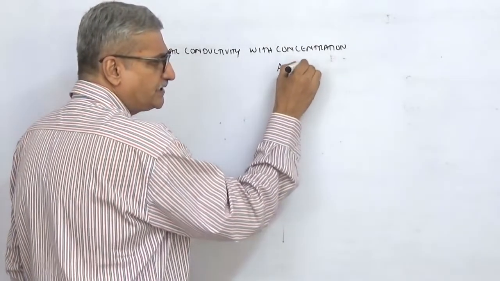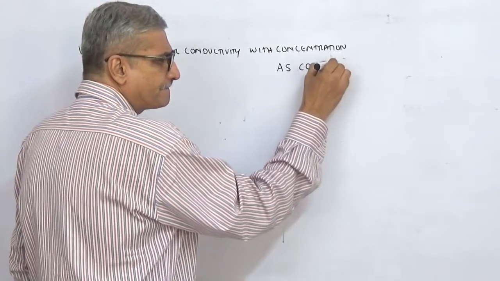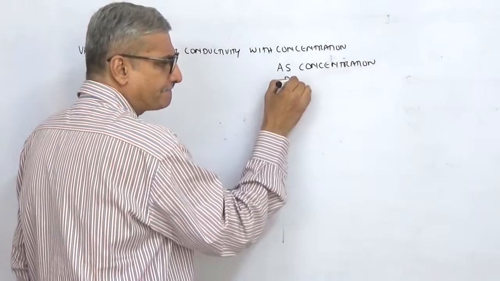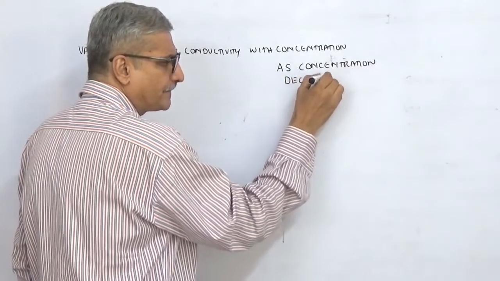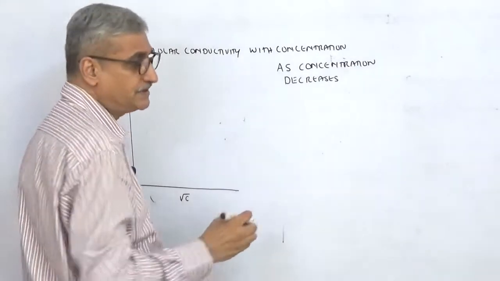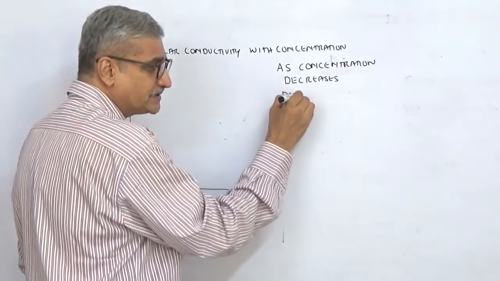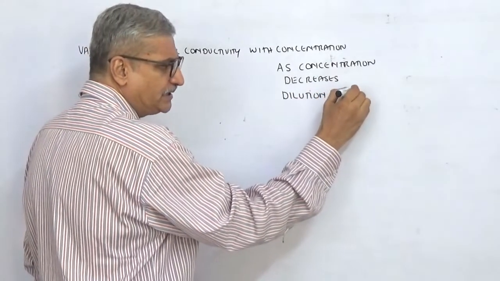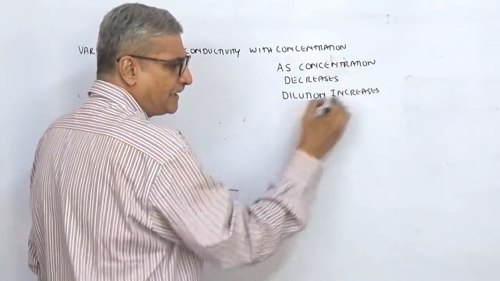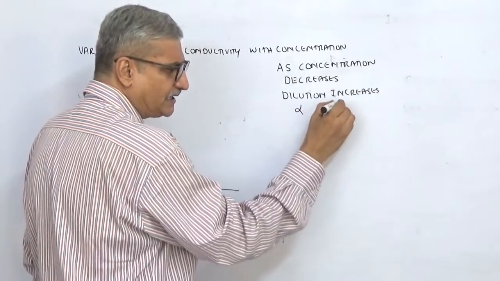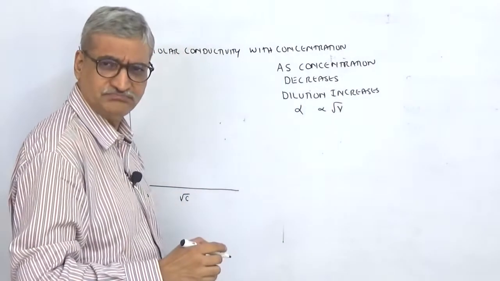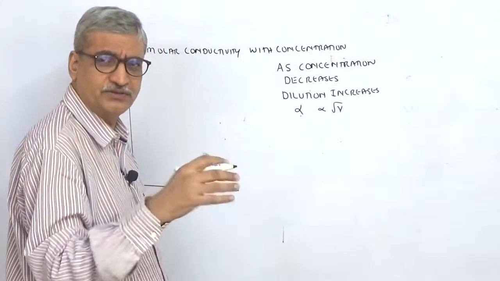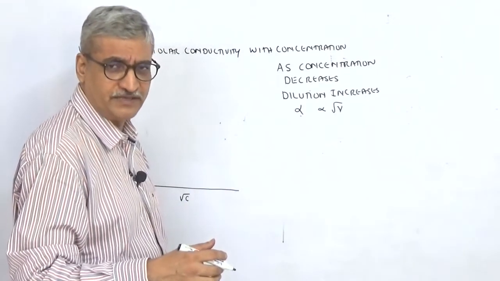As concentration decreases, what happens? Dilution increases, correct? Concentration and dilution are inversely related. Dilution increases. And haven't we said alpha is directly proportional to square root of dilution? That means alpha, the degree of dissociation, is going to increase. More and more ions will be available.